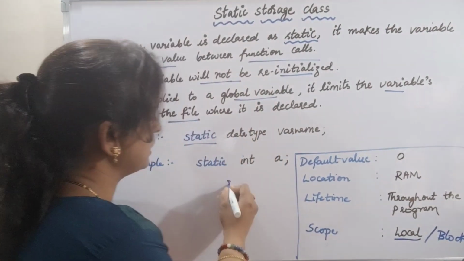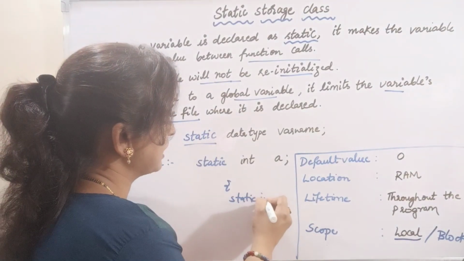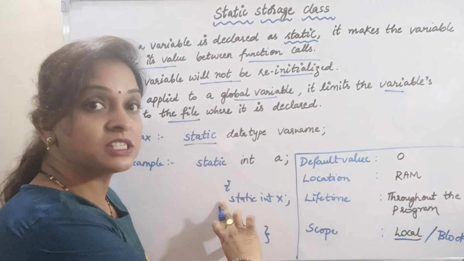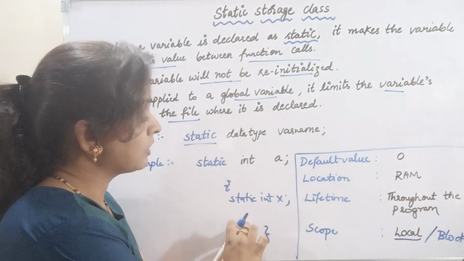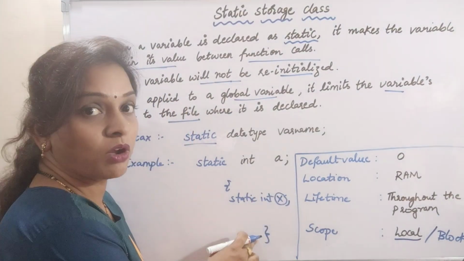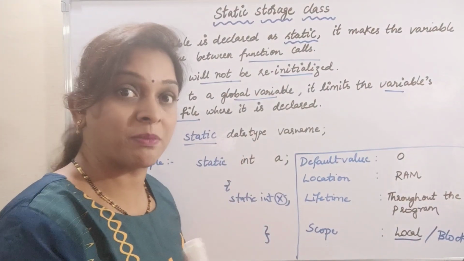For example, I declare static int x. This x is only accessible within this block, and I can use this variable only within this block. But its value will be retained throughout the program, that is lifetime.